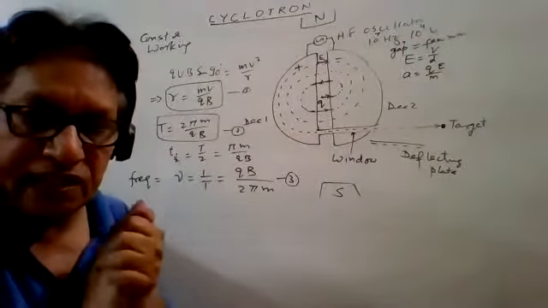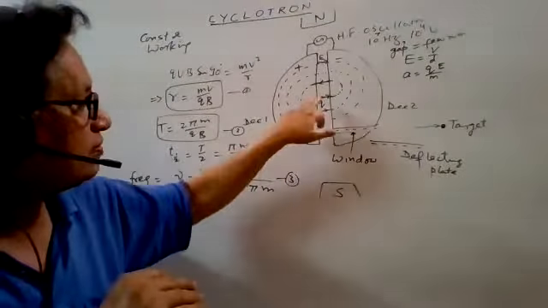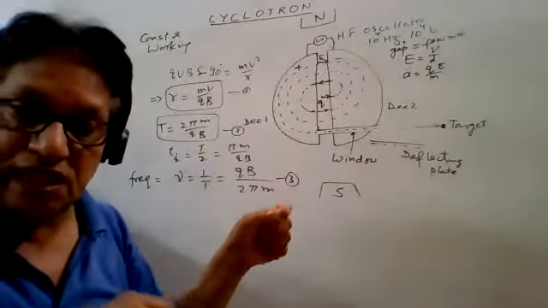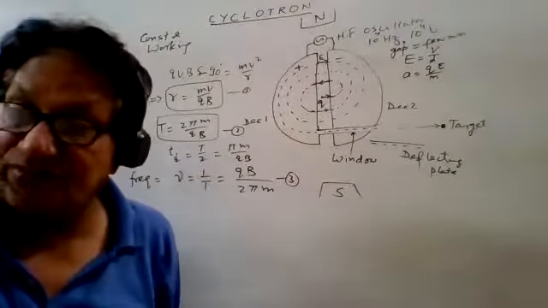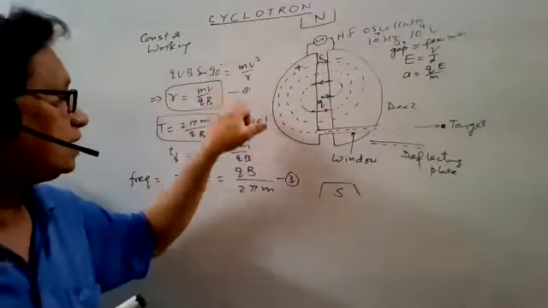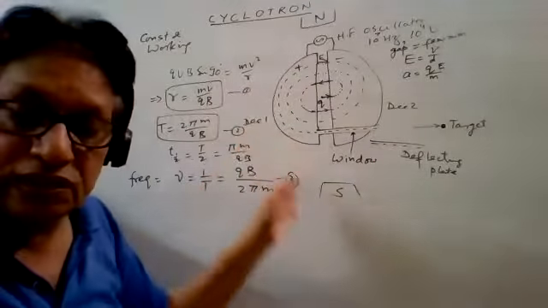We have made the design of the cyclotron in such a way that radius every time increases. So if radius increases, then velocity, speed and kinetic energy also increase.